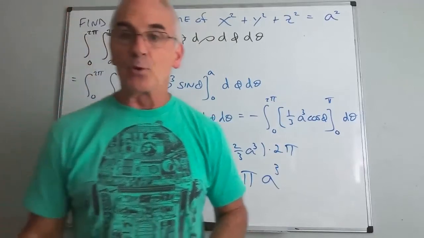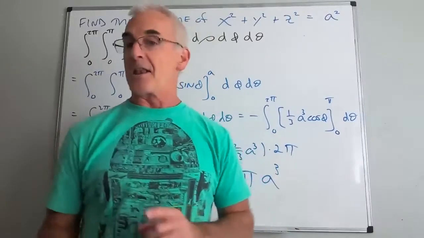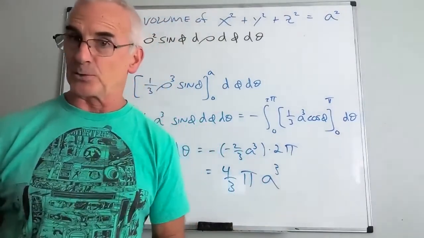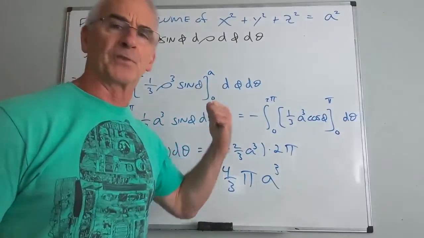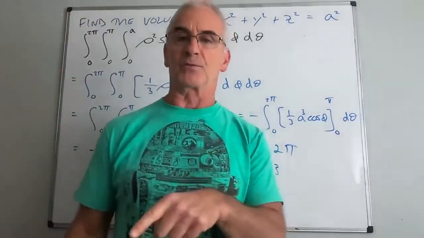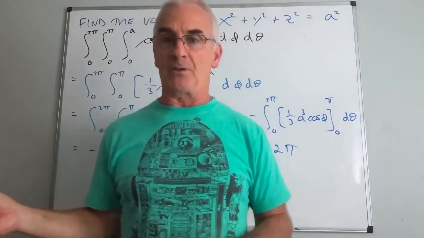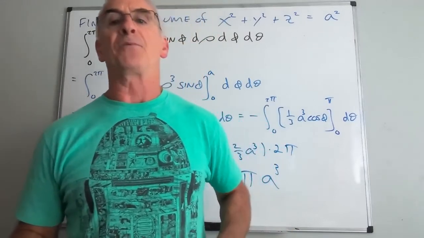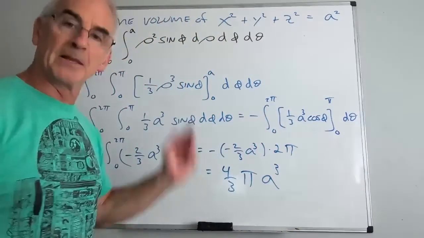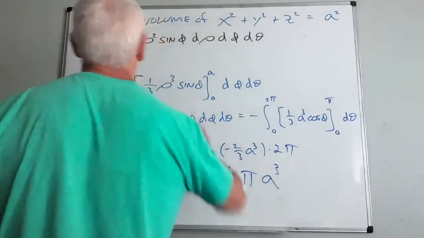Or I'm doing some sort of volume problem and I'm bounded by a sphere, not a circular cylinder, but an actual sphere. I could use cylindrical coordinates on this, but spherical is easier. I can't use spherical coordinates if I actually had a circular cylinder. The problem that we just did, the can of cranberries, we could not have used spherical coordinates. It would have made it far too difficult because none of my limits would have been constant except for the theta limits.